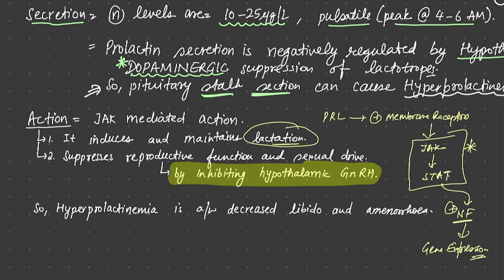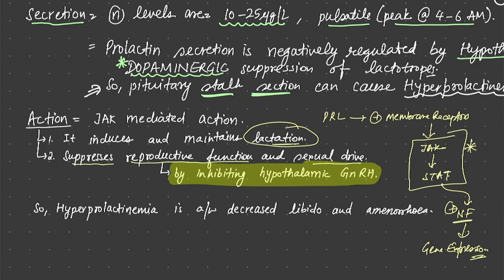It also suppresses the reproductive function and sexual drive. Why? Suppose a lady gives birth to a child and she starts lactating. Now, to ensure that the newborn is getting enough nutrition from the breast milk, nature will not allow the mother to conceive again in the near future.